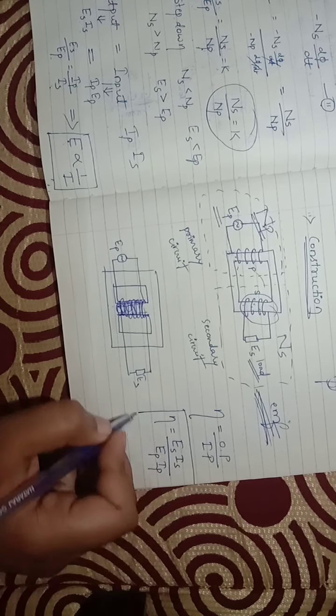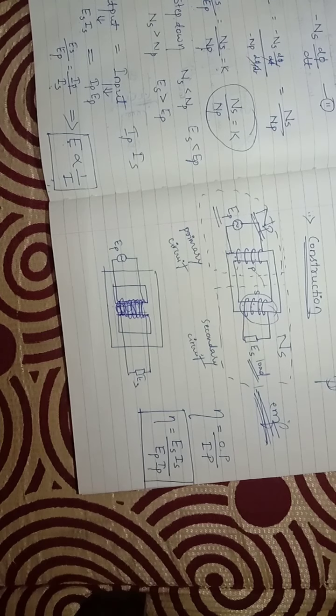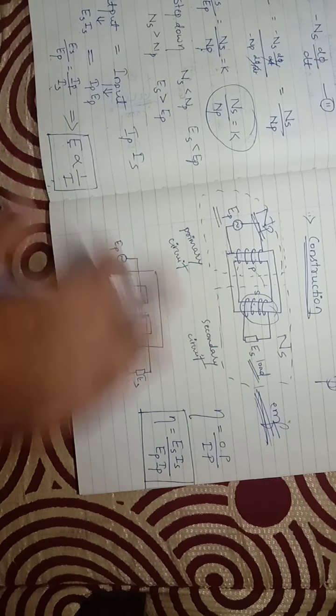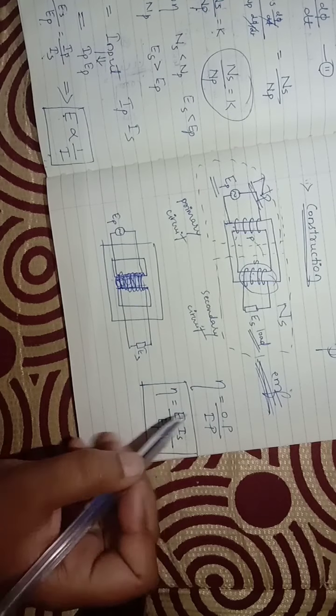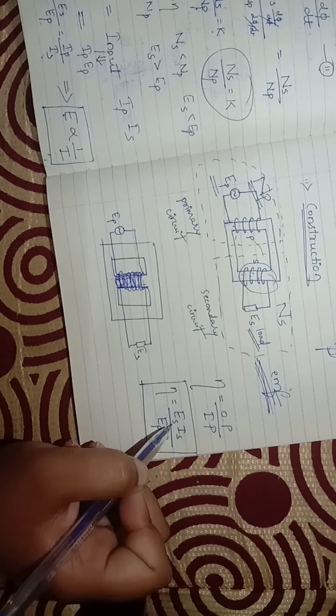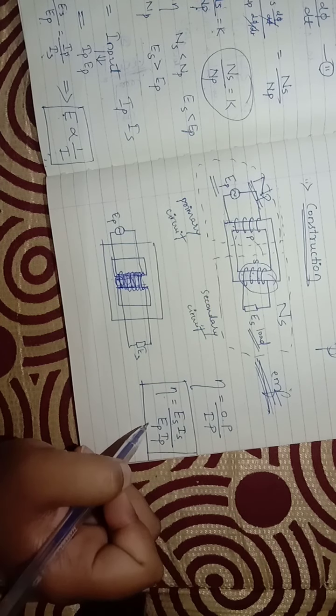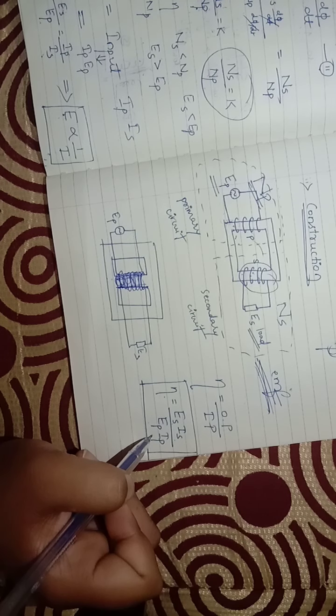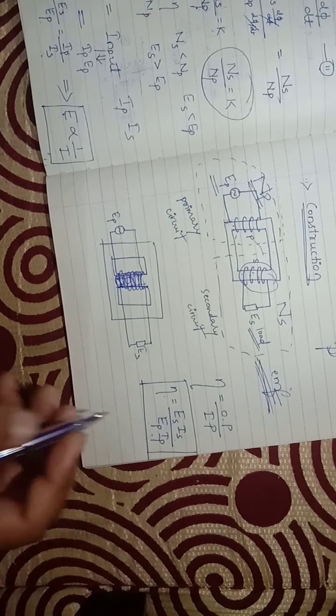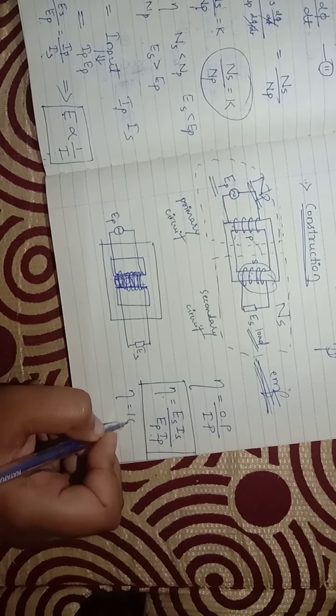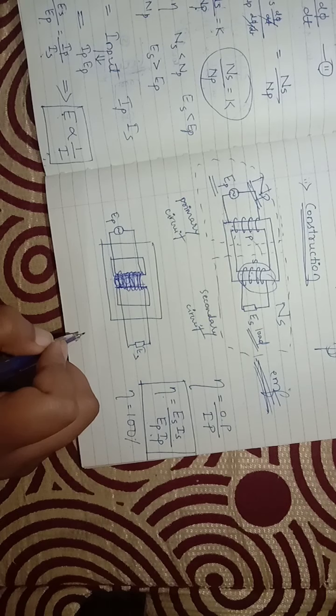This is the efficiency of the transformer. For an ideal transformer, efficiency eta is 100%.